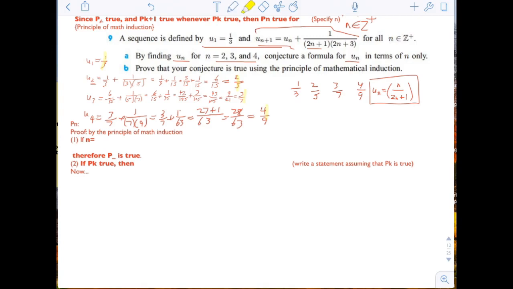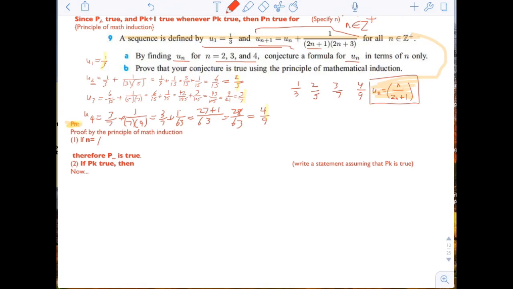We're going to say p subscript n, in a different color here, is the statement that a sequence is defined by this, and it's got this for an explicit formula. That is my p subscript n, and it's for all positive integers.